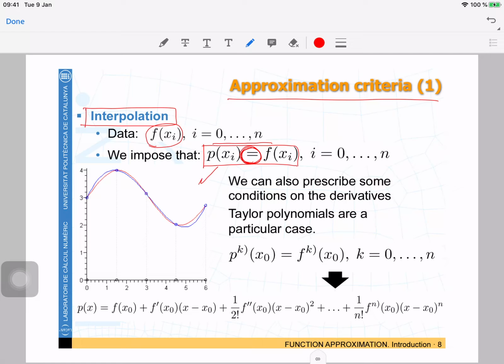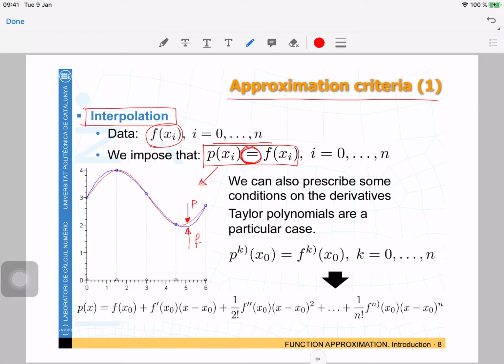So in this curve, we show this graphically. Imagine that we have an original function f, the blue one, and the interpolation p, the red one, over the points on f.